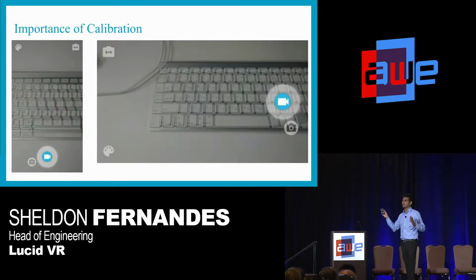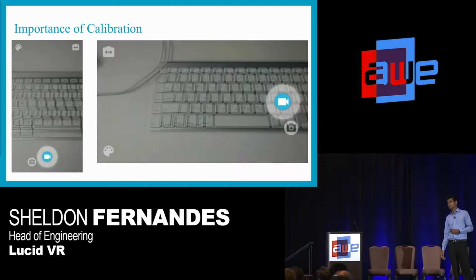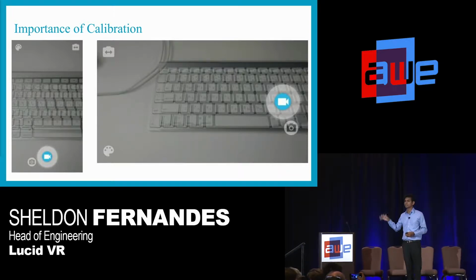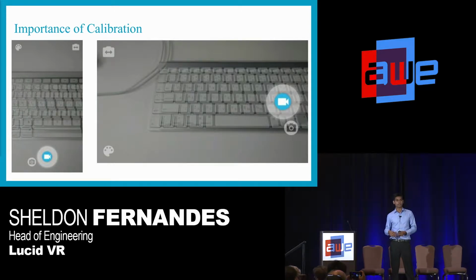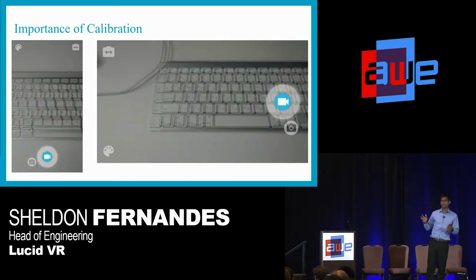I'd like to show you in the beginning what bad calibration looks like. What you see over here is just my keyboard, and it's an overlaid left and right frame from a stereo camera. If you look very closely, you'll see that there's a lot of distortion in the left and the right frames, but also there's some amount of misalignment. If you look at this picture on a real 3D screen or one of those polarized screens, you'll see that things don't quite add up.